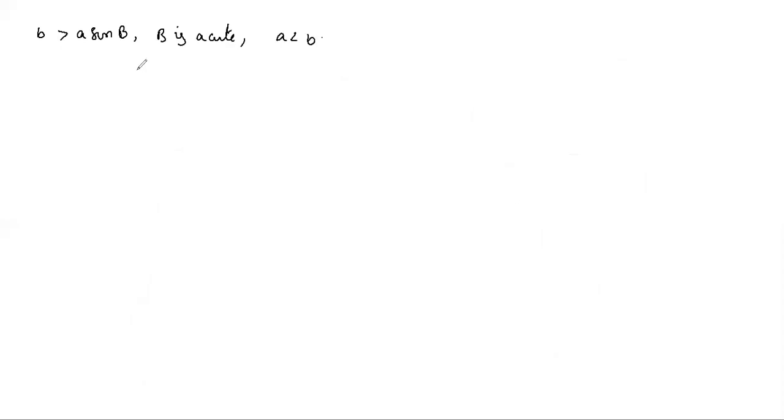So only in that case, C equals A cos B plus root B square minus A square sin square B. Only one exists. So in this case, only one triangle exists, because the minus value is negative, less than 0, which means the C value is negative, a negative side, not positive. So in this case also, only one triangle.